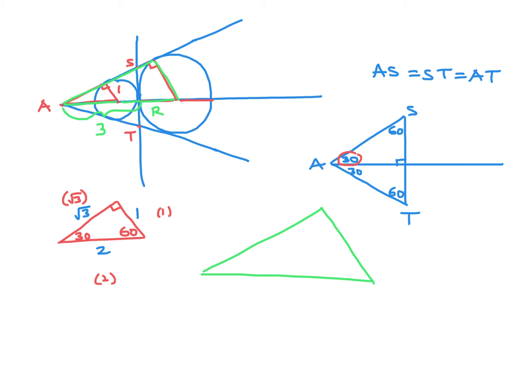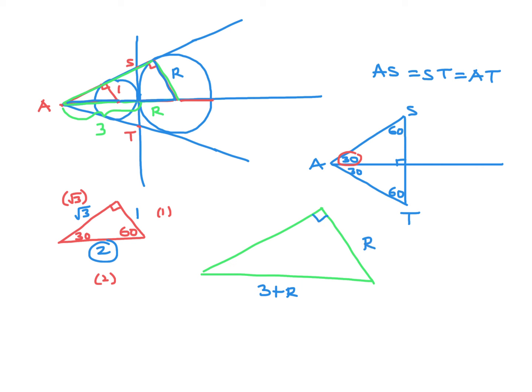Let's recap here. From here to here was 2, and then from here to here is 1, because that's the radius of the smaller circle, and this is R, which I have called the radius of the bigger circle. So this whole thing is 3 plus R. And then from here to here, well, that's R.